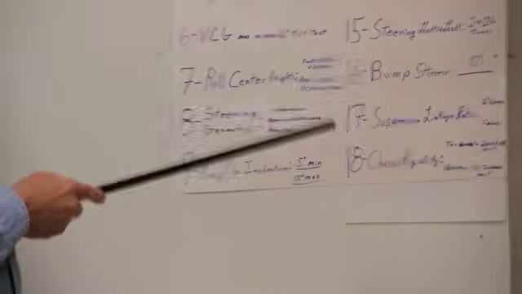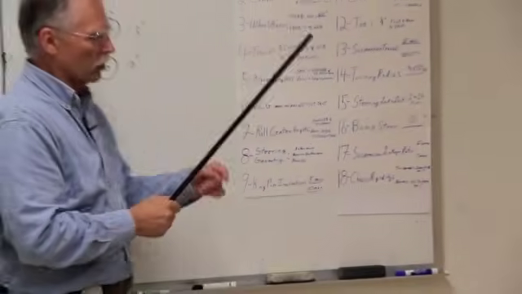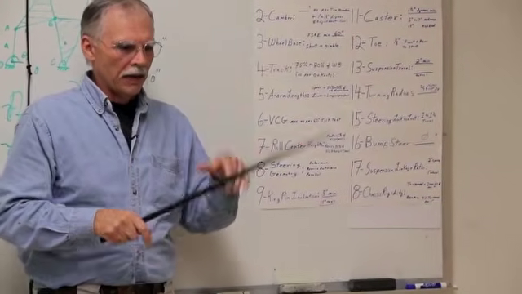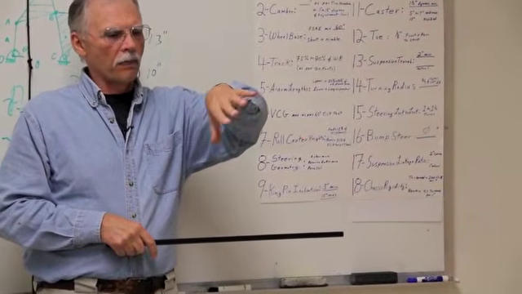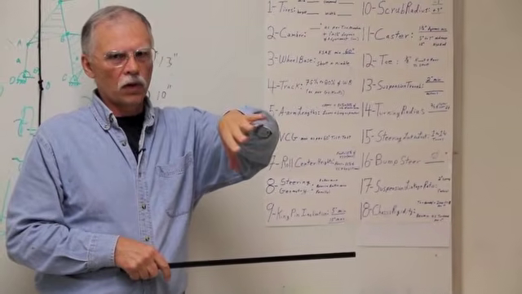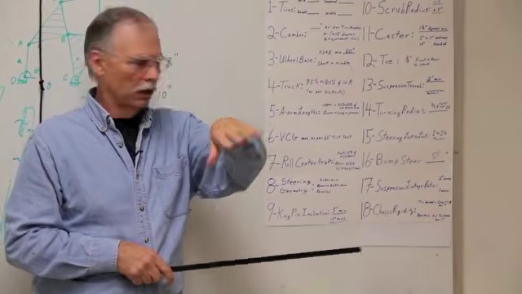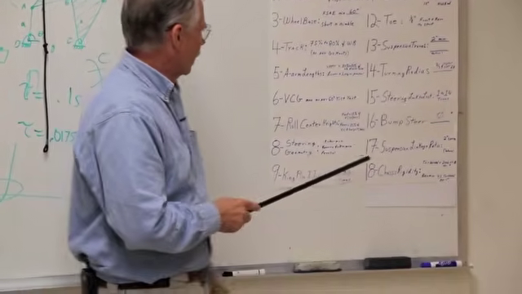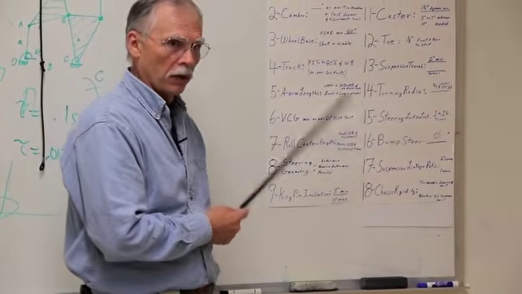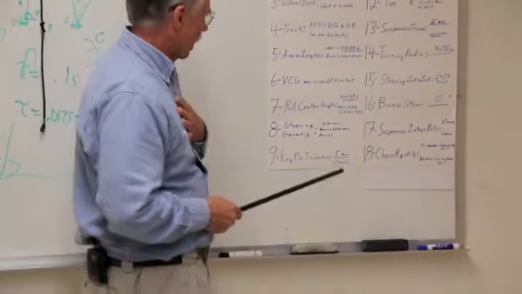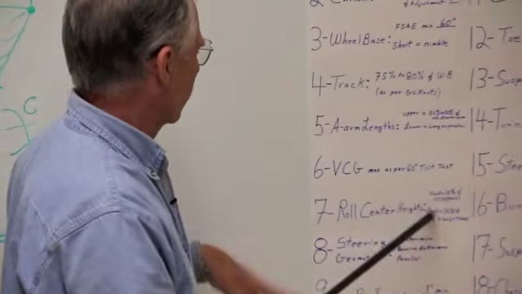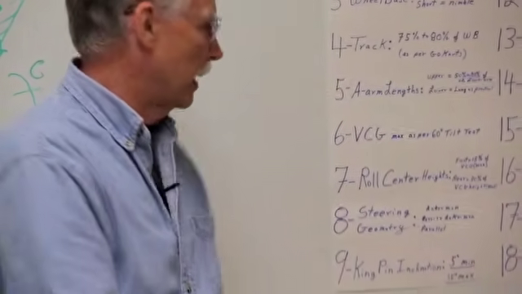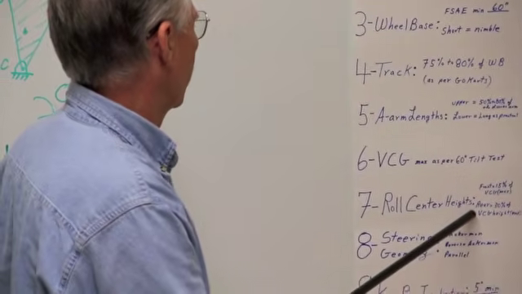Roll center heights. You're going to have a certain geometry described by the suspension, and that means the chassis proper is going to roll around a center. That's roll center height. See how easy engineering is? Now, here's the basic rule of thumb on that I subscribe to. Others do not subscribe to it. They prefer to put the roll center height underground. I think that causes more problems than it cures.